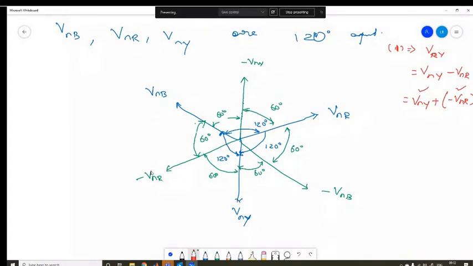Now I have to simply add these two phasors if I want VRY. So how to do this? Let me go for this parallelogram approach. I will project this here, and when I draw this, it should be parallel to this line. And when I draw this line, this should be parallel to this line, forming a parallelogram.